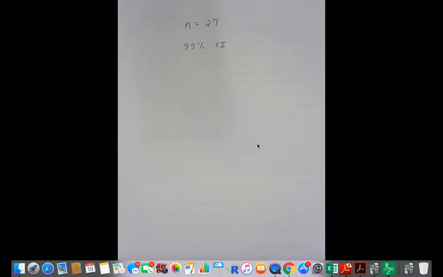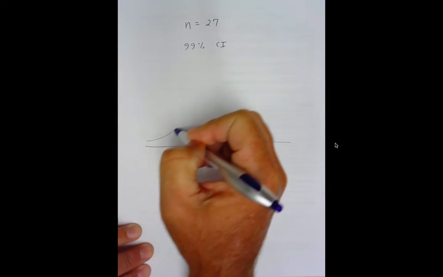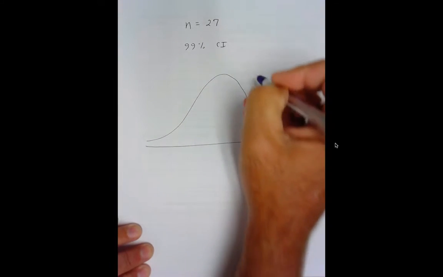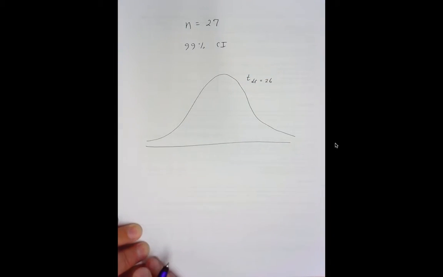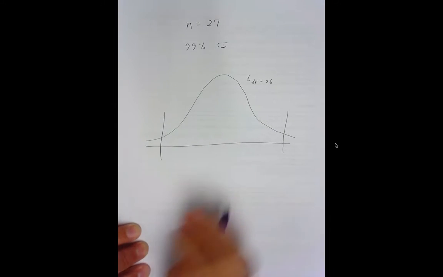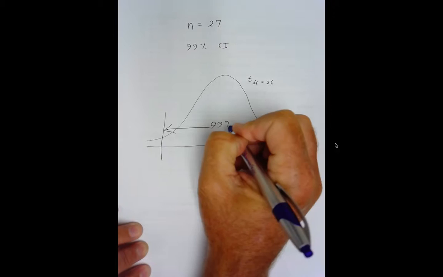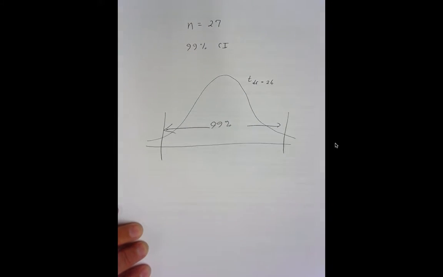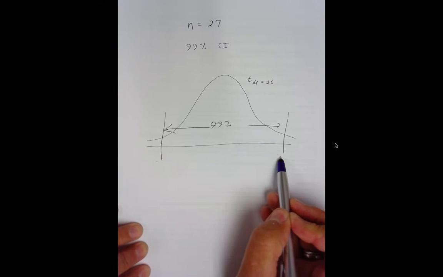Okay, cool. So same deal, right? I have this t distribution, which is degrees of freedom 26. Draw my two lines just like I did before. I want to look at the values that capture, if you will, the middle 99%.